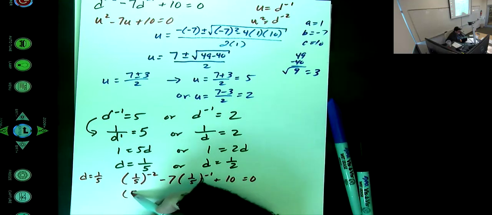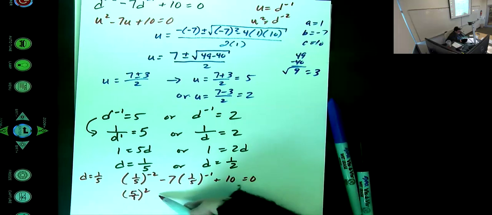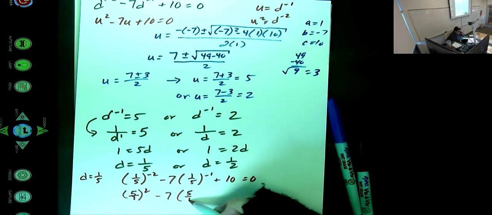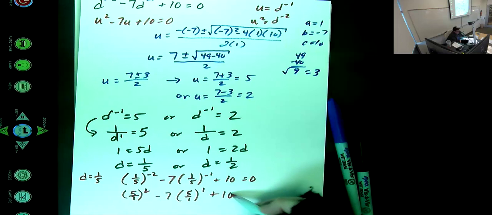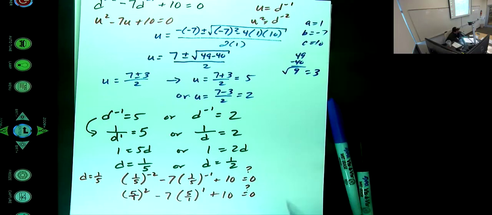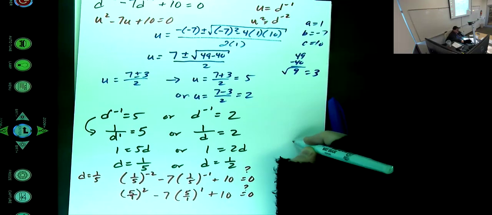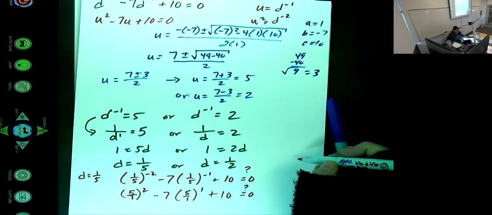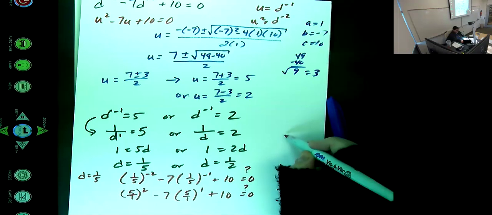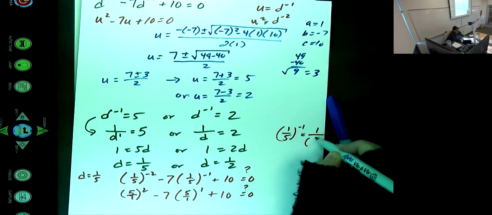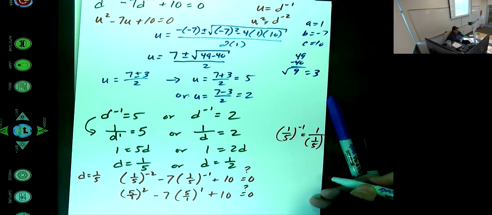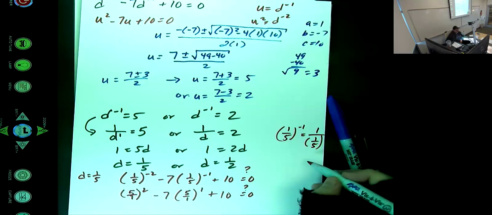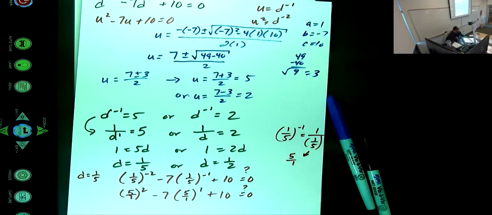This is the same thing as 5/1 squared minus 7 times 5/1 to the first power. I can rewrite the 1/5 to the -1 as 1/1/5. And when you clean that up, that's 5/1. The negative exponents just mean flip it, do the reciprocal.